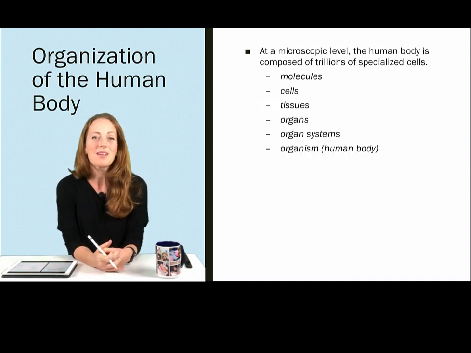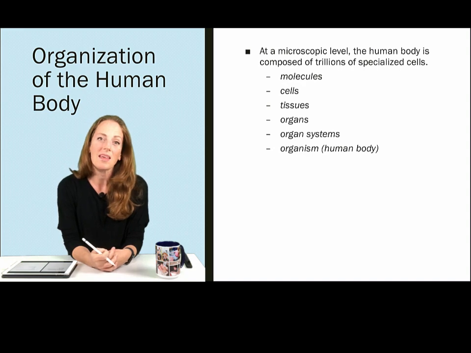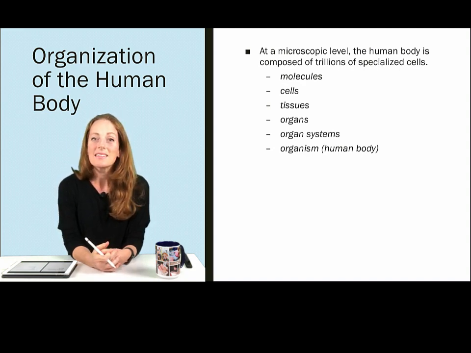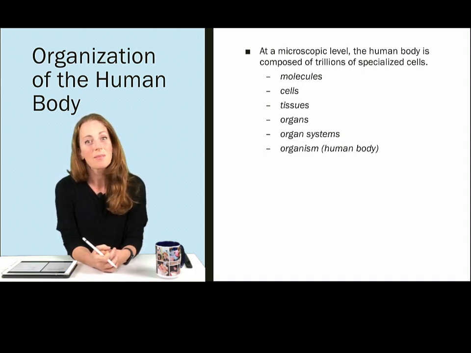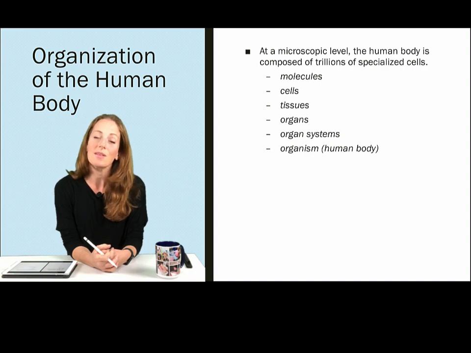So at a microscopic level, the human body is organized from the molecular and cellular level all the way up to the body systems. We start with the individual molecules, learning the molecular pathways and the biochemistry that underlie the function of the different types of cells within the body.